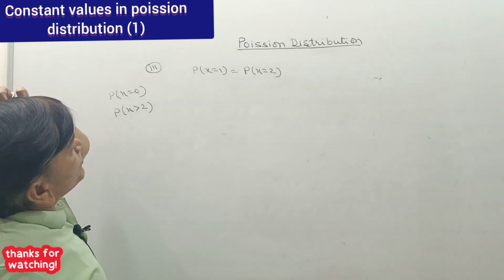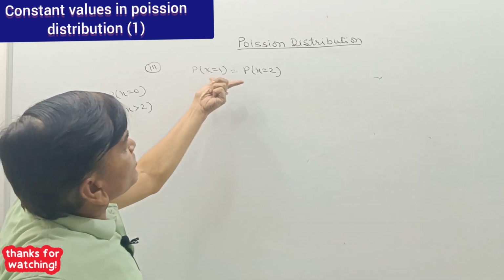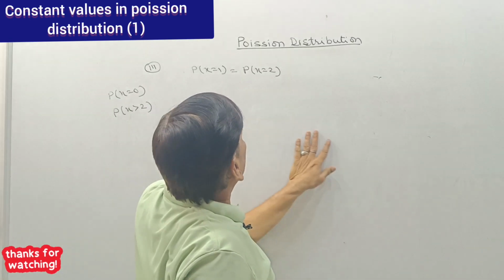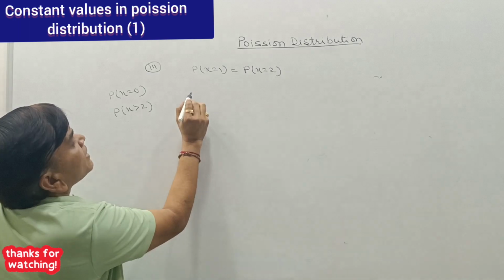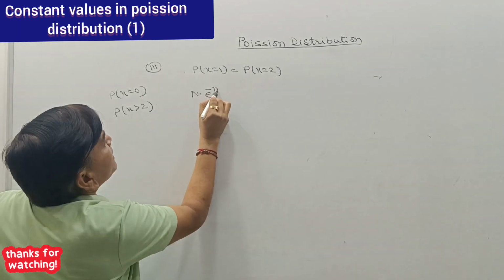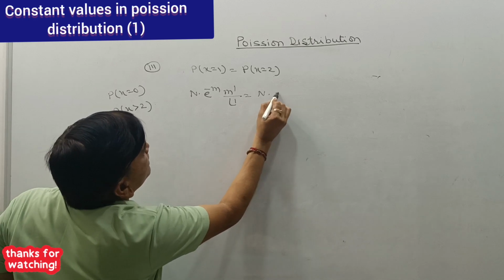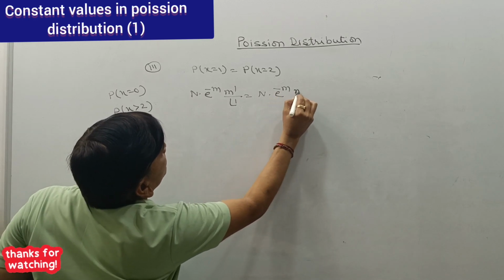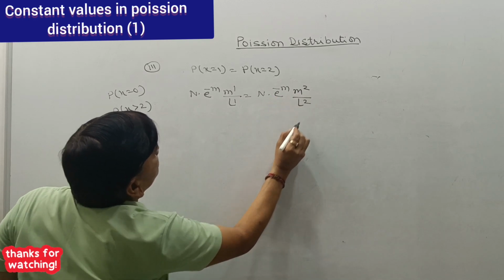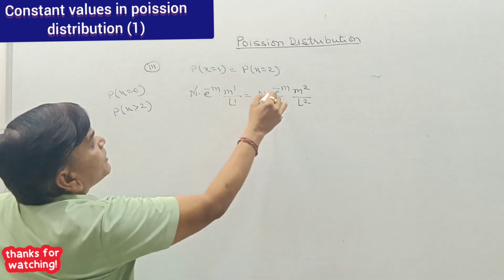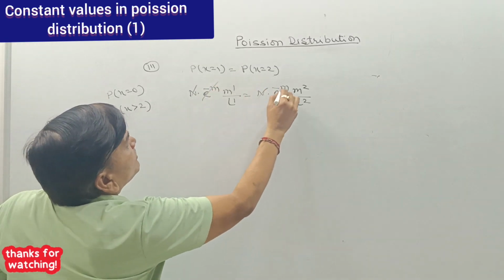In a Poisson distribution, P(x=1) is equal to P(x=2). So n e raised to power minus m, m raised to power 1 upon factorial 1 is equal to n e raised to power minus m, m raised to power 2 upon factorial 2. n and n cancel, e raised to power minus m cancel.